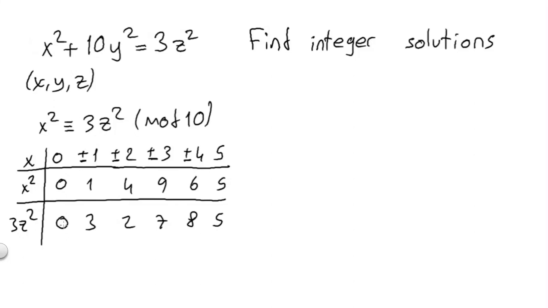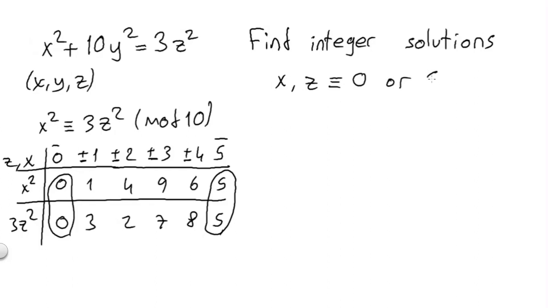The only values that match are when they are both 0 or both 5. So both x and z can be congruent to 0 or 5 modulo 10.